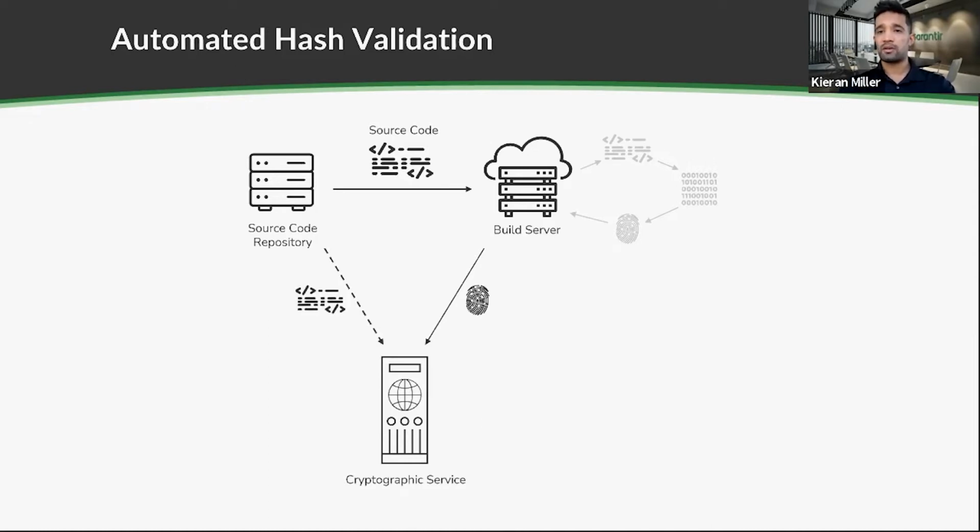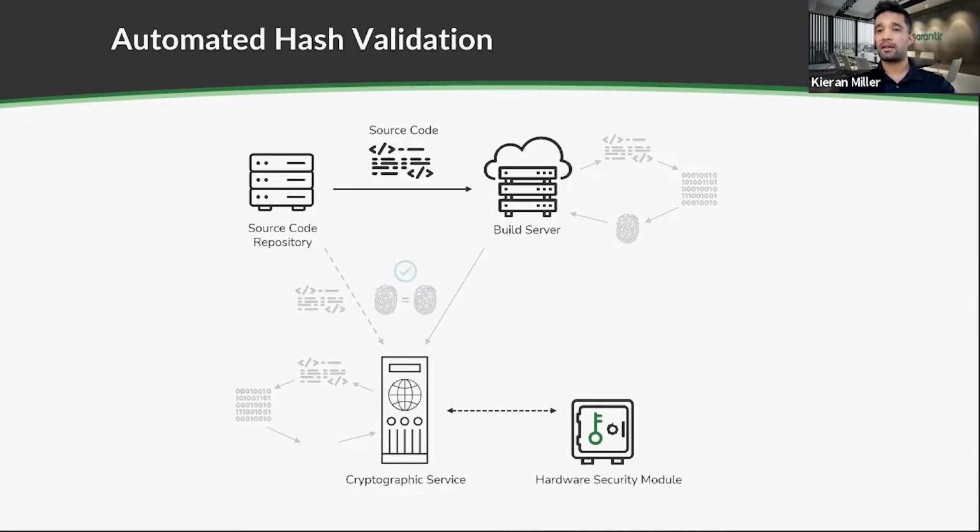So it reaches out to the source code repository, performs a deterministic build, computes the hash itself, and checks whether the hashes match. If they do, it can offload to the hardware security module or key management service, or whatever you're using, to sign. So it's acting as an independent verifier and as a gateway before it allows any signatures to occur.